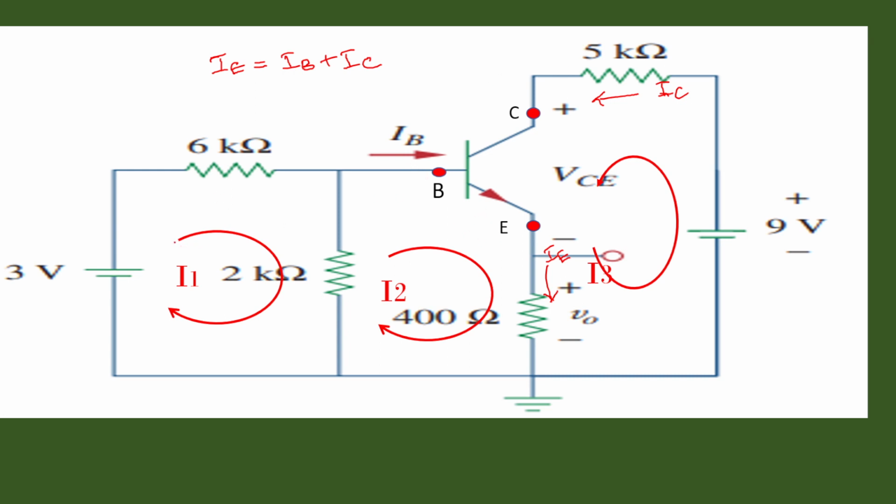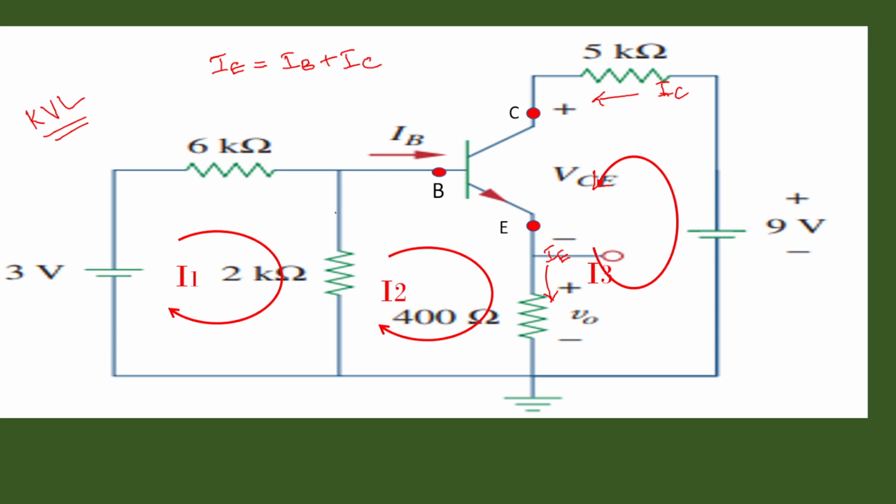Then we form three loops here because we are going to solve this problem using Kirchhoff's voltage law. So this is the first loop, this is your second loop, and this is your third loop, which is taken in this anti-clockwise direction, because we know that the collector current always flows into the collector in this direction, so we have taken the direction of this loop in this way.